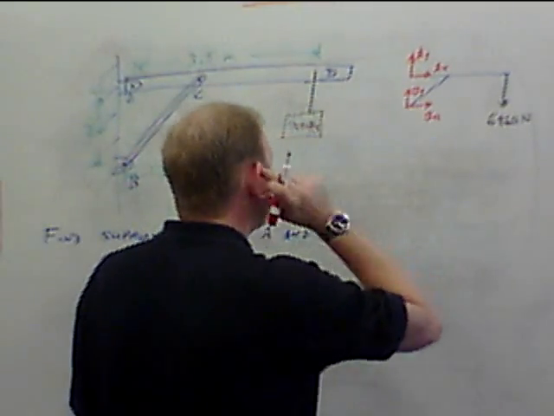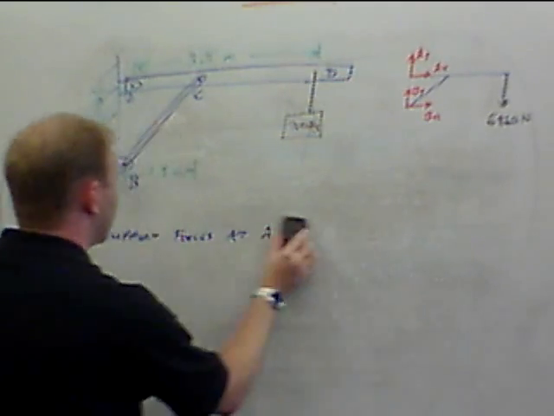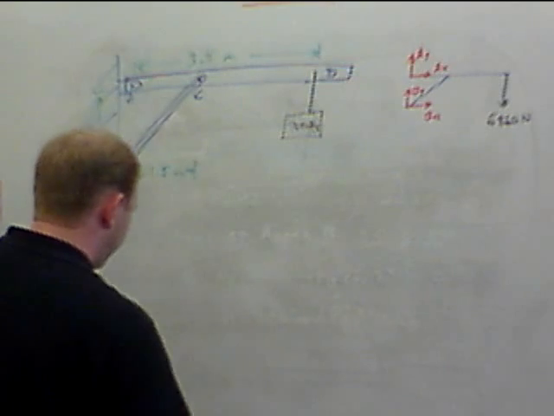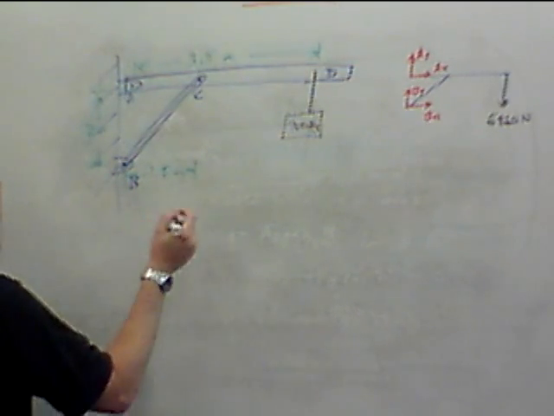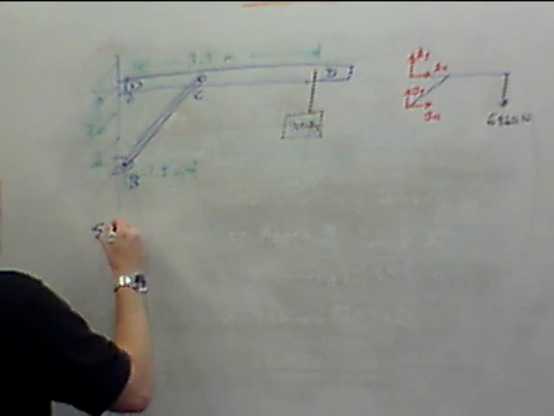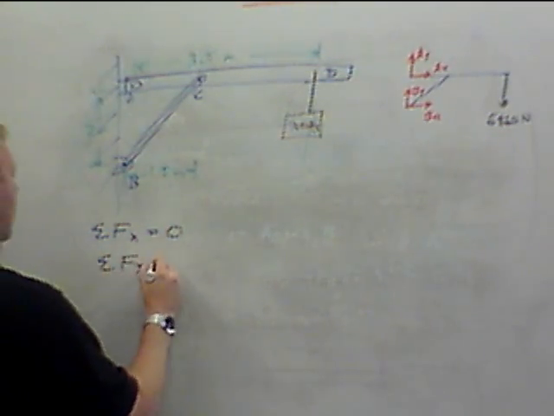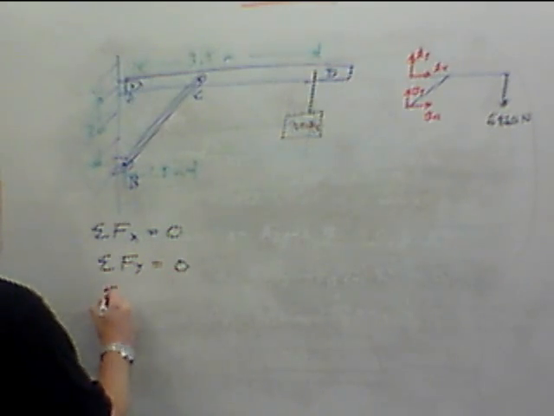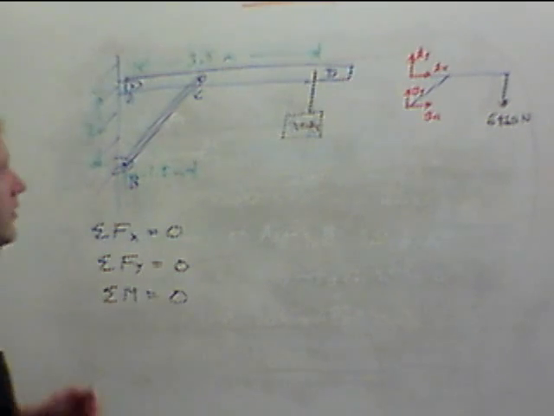Okay, so we've got summation of forces. Summation of forces in the x equals 0, summation of forces in the y equals 0, and summation of moment equals 0. Again, still only working in 2 dimensions.